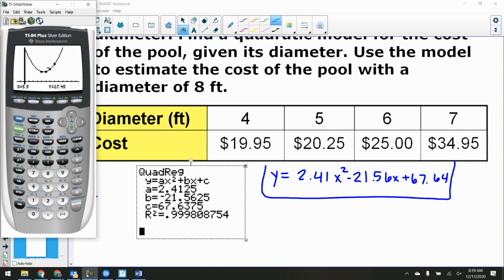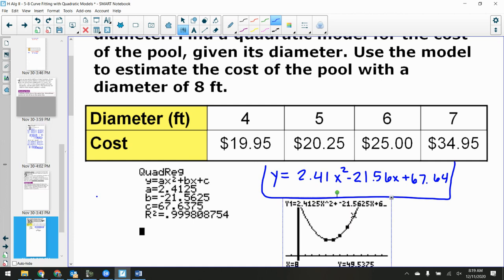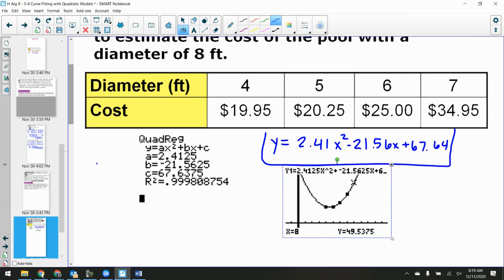There's a bit of a better picture. Second calculate value of 8. So how much should the pool cost if the diameter is 8 feet? $49.54. Questions about that?